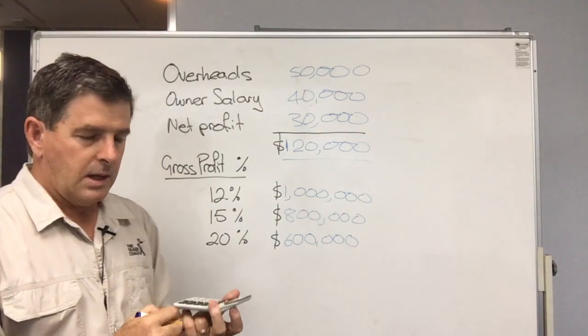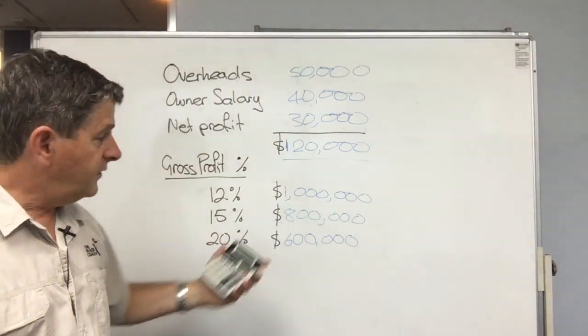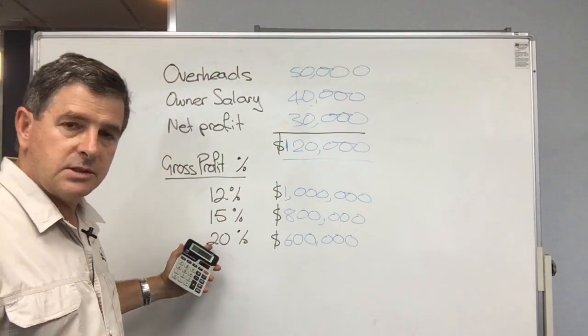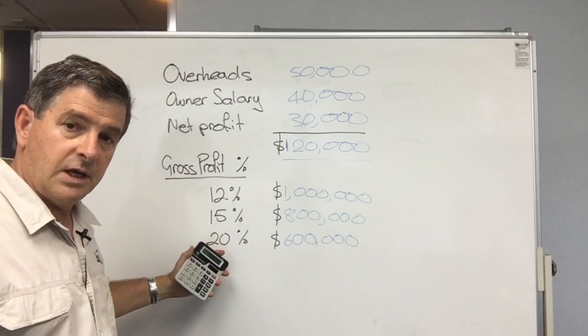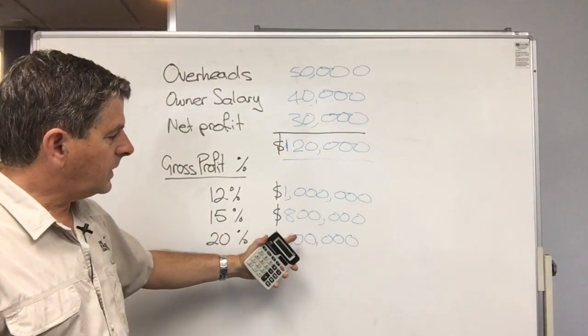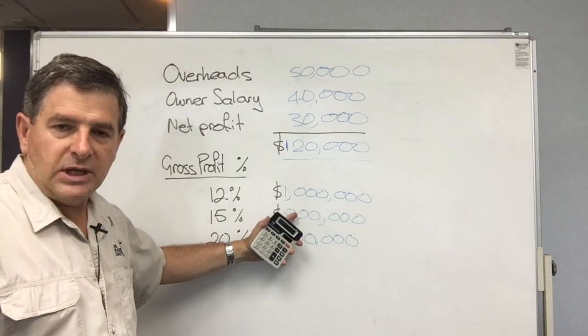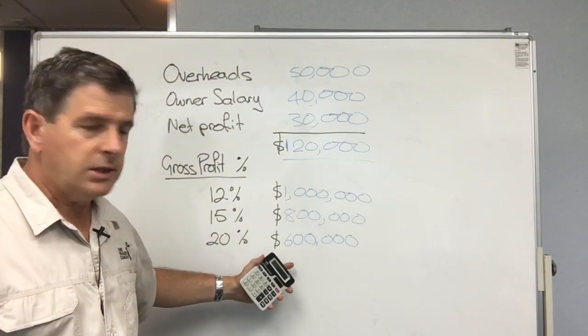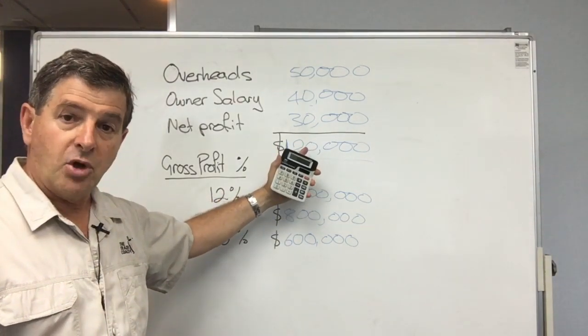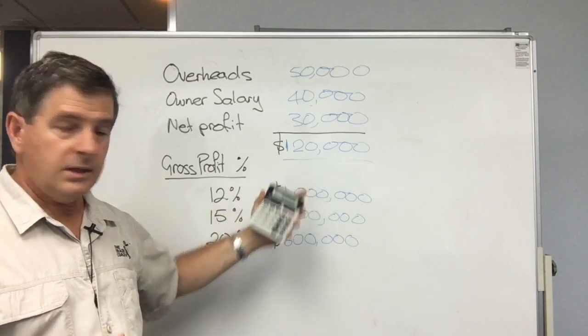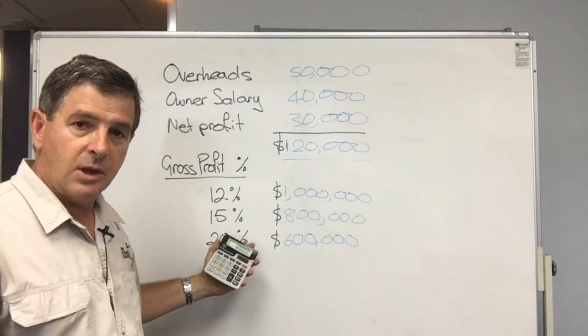And you've probably seen, obviously, that as the gross profit figure increases, you can get away with doing less work to achieve the same gross profit figure. Again, that's why this is so important.